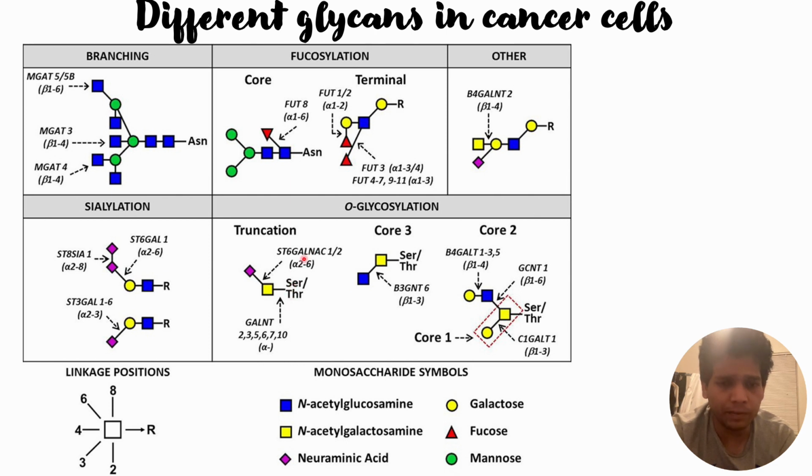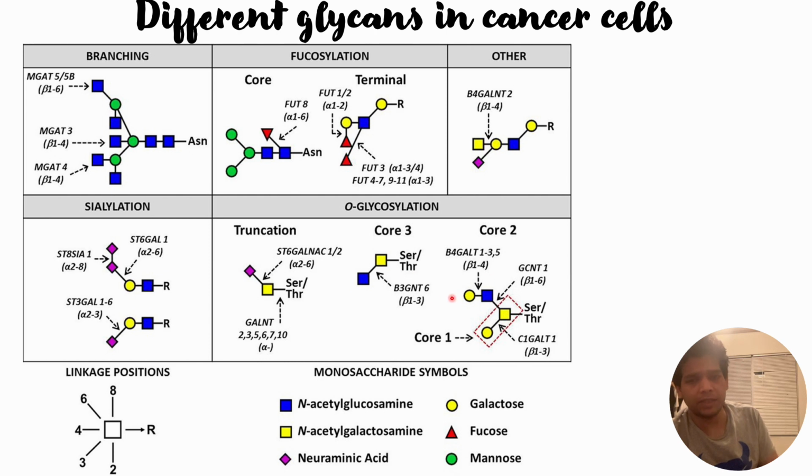The STn could be because of the upregulation of ST6GALNAC1 or ST6GALNAC2, which help in the alpha 2,6 linkage of GalNAc to this sialic acid, whereas upregulation of GALNT2, 3, 5, 6, 7, 10 helps in the bonding of the serine or threonine on the polypeptide chain to this GalNAc monosaccharide, thereby producing more truncated O-glycan structures.